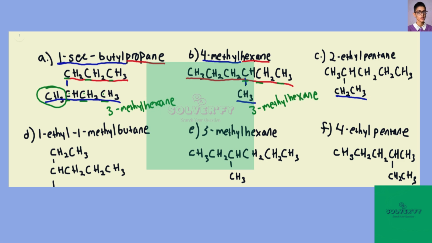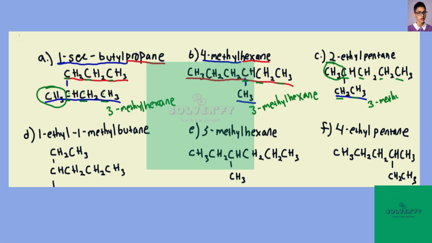Because again, we have a root chain of 6 carbons, and then we have a methyl group that is off the 3rd carbon. For 2-ethylpentane, again, we can say the longest continuous chain of carbons is 1, 2, 3, 4, 5, 6, with a methyl group off of the 3rd carbon.